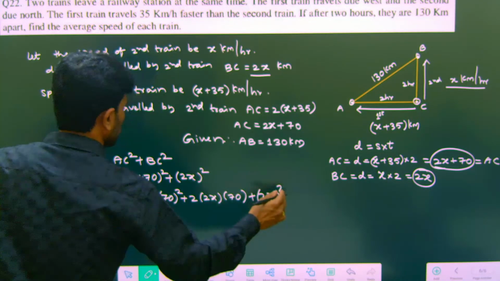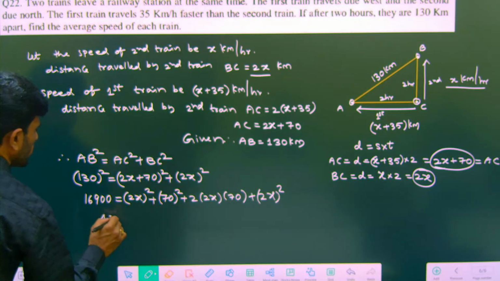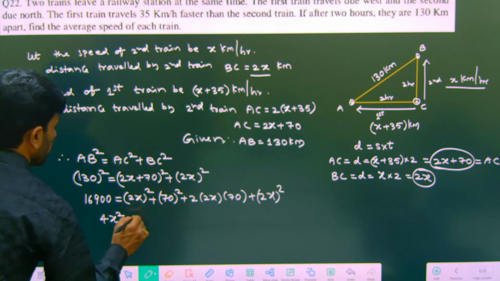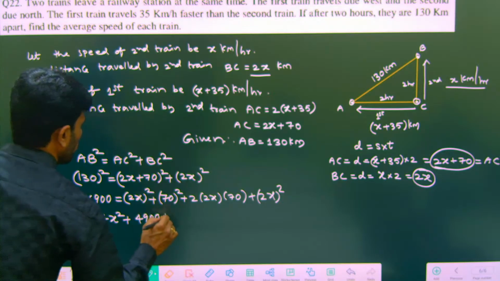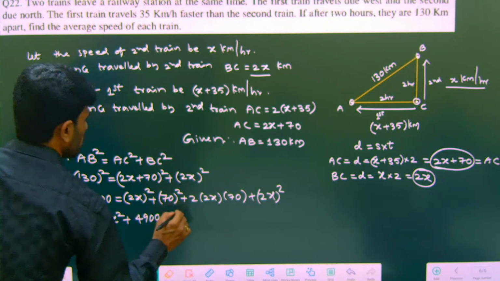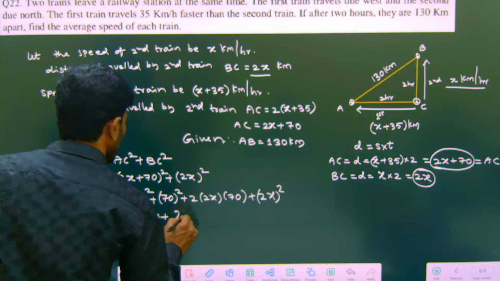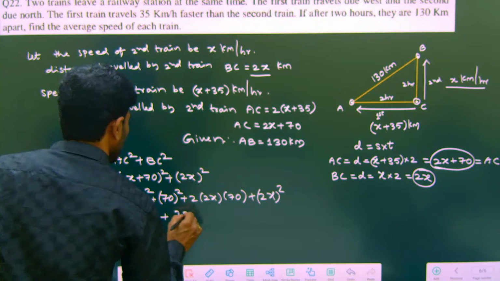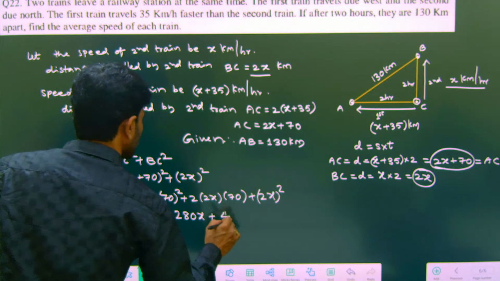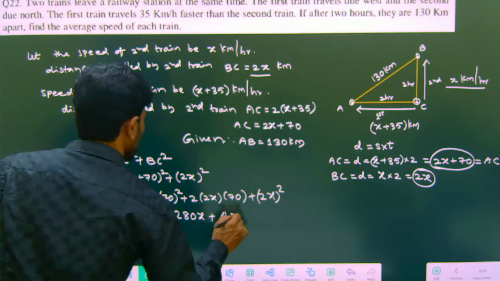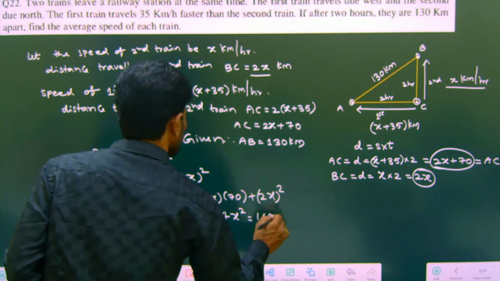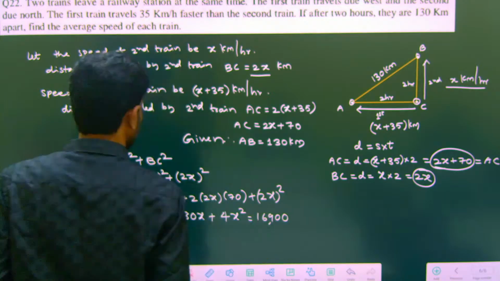So that is 4x square plus 4900 plus 280x plus again 4x square is equal to 16900.